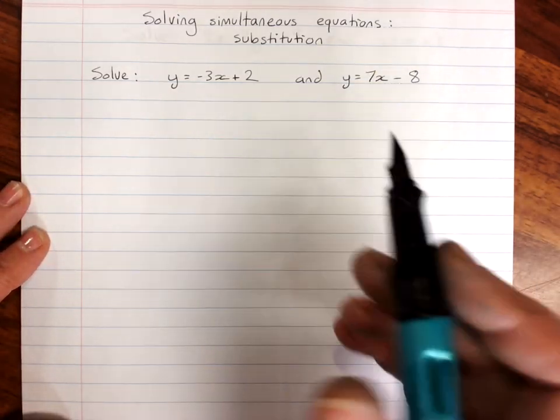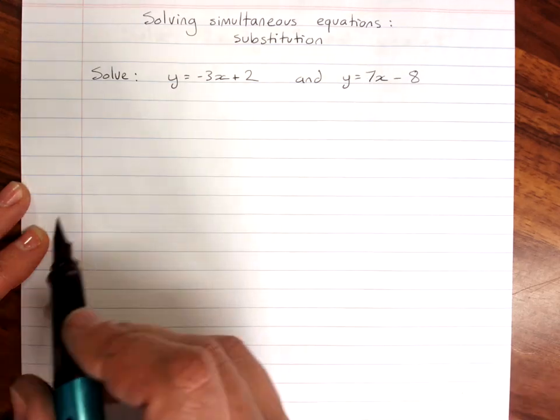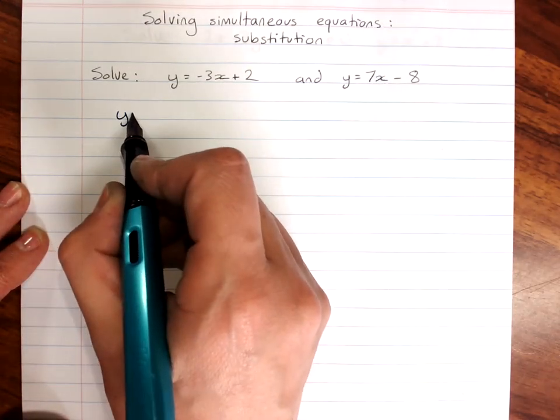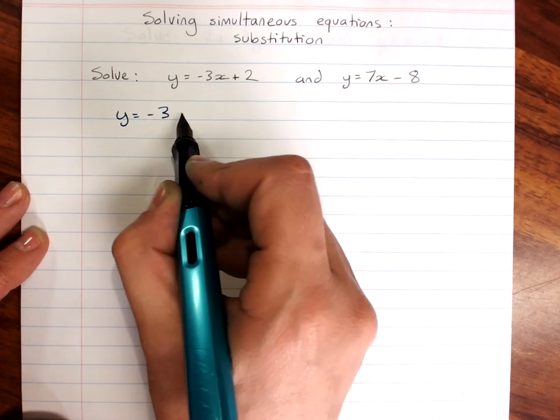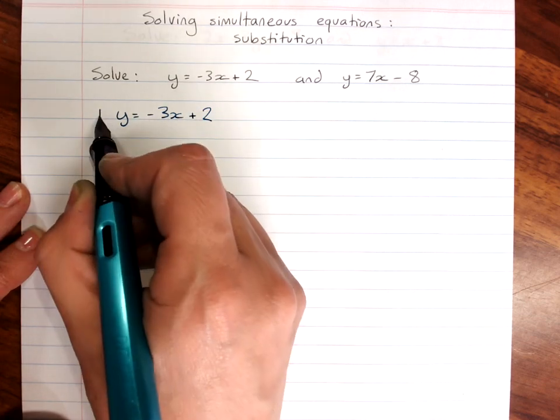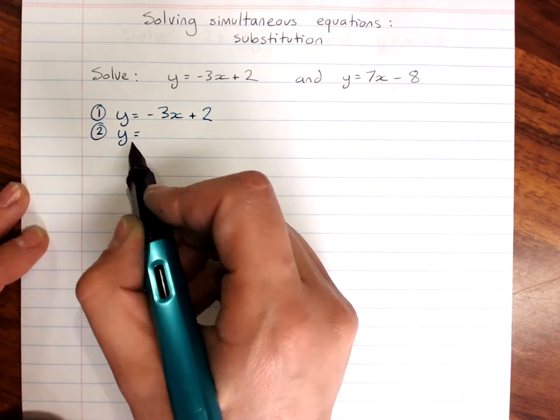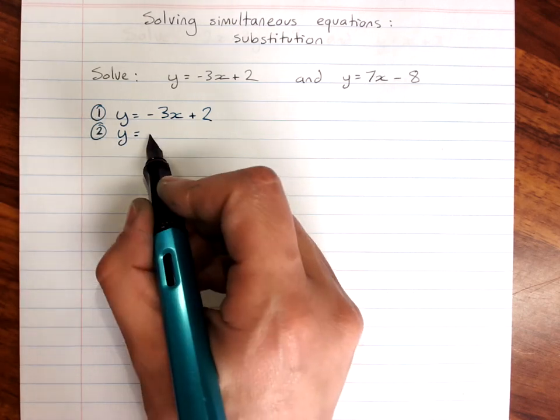So, when you are solving a set of simultaneous equations algebraically, you start by writing down the two equations, one over the other, and labeling them, equation 1 and equation 2, and put that in brackets or in a circle.